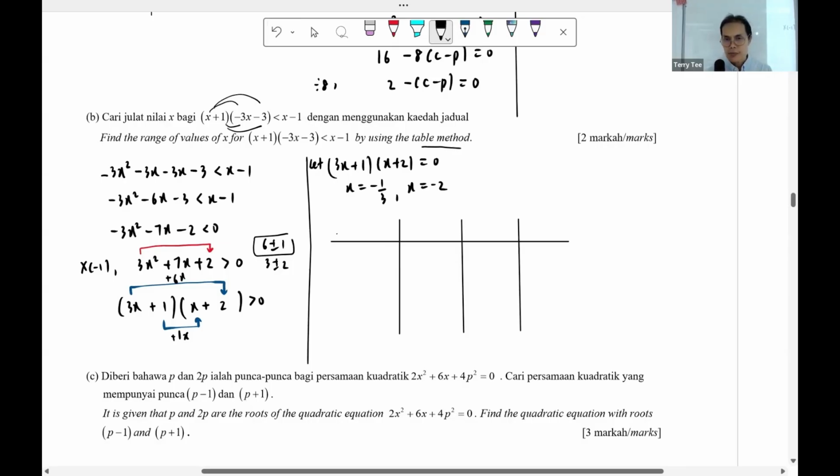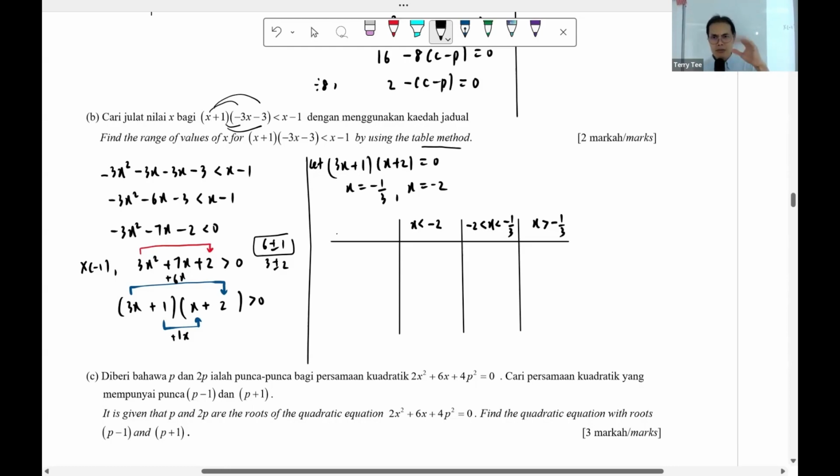You notice negative 2 is smaller and negative 1 over 3 is bigger. So negative 2 is here. We take x less than negative 2, then in between negative 2 and negative 1 over 3, and next, more than negative 1 over 3.